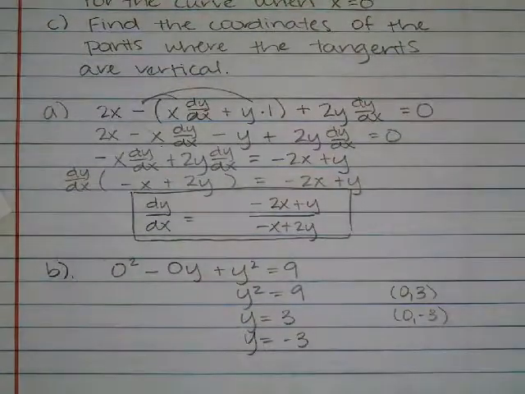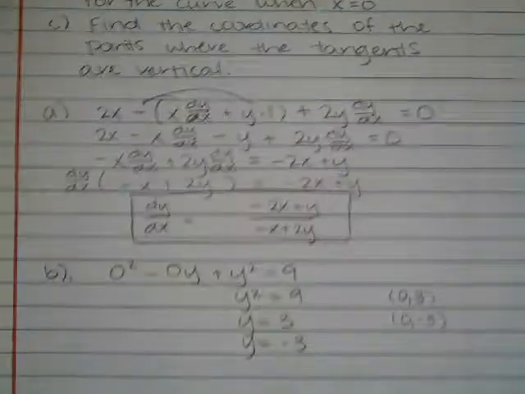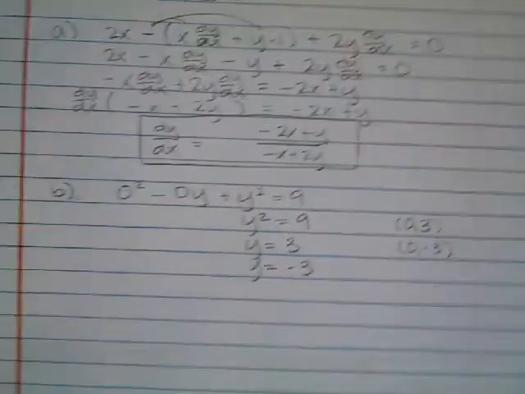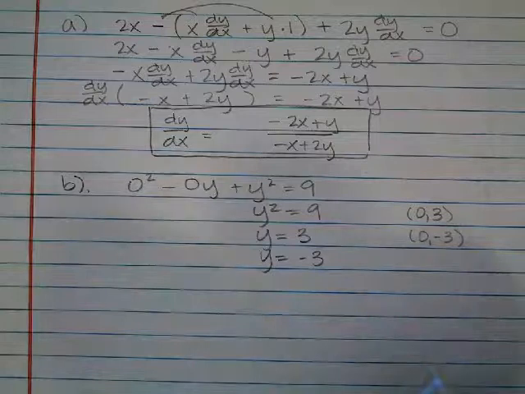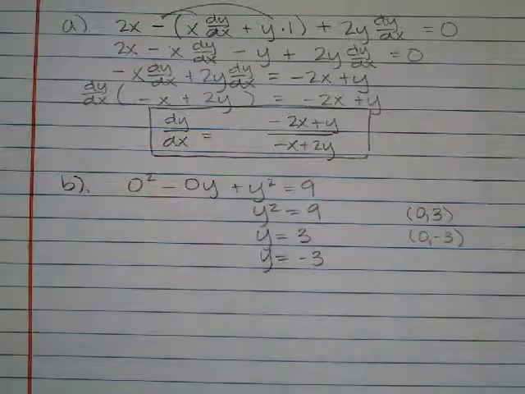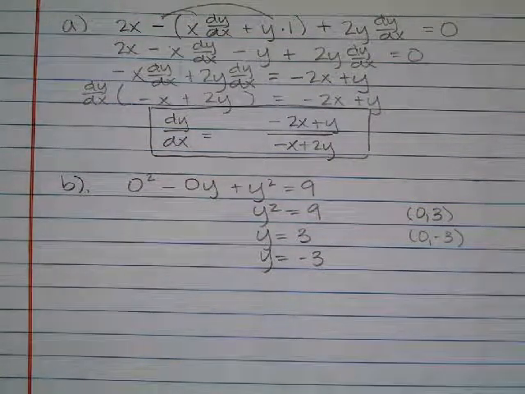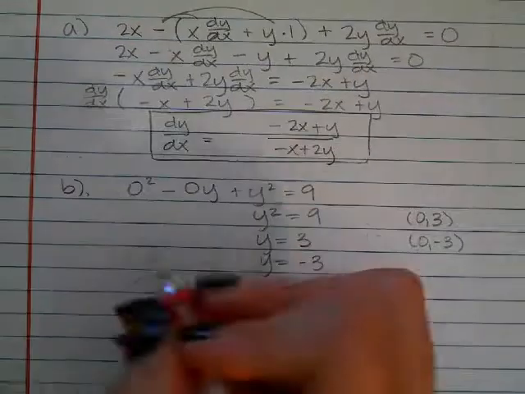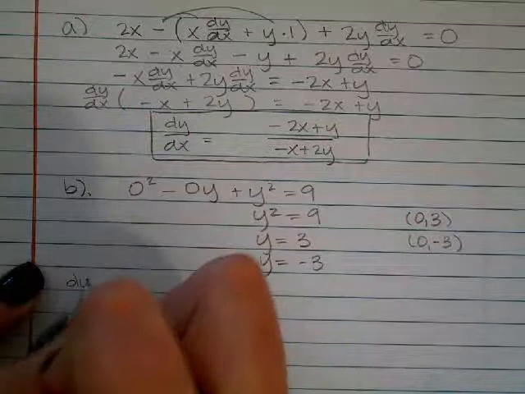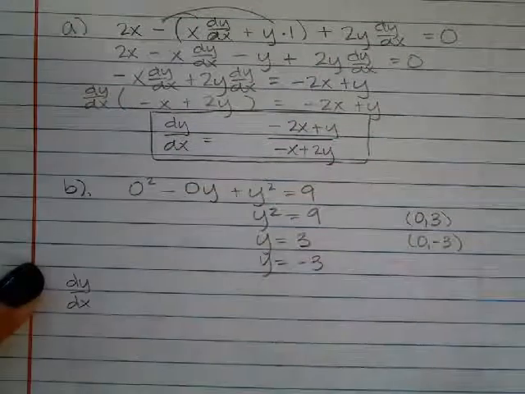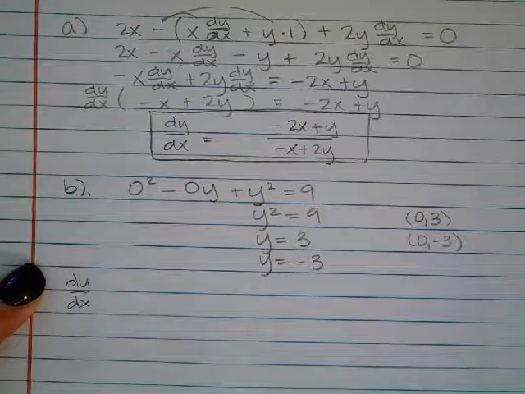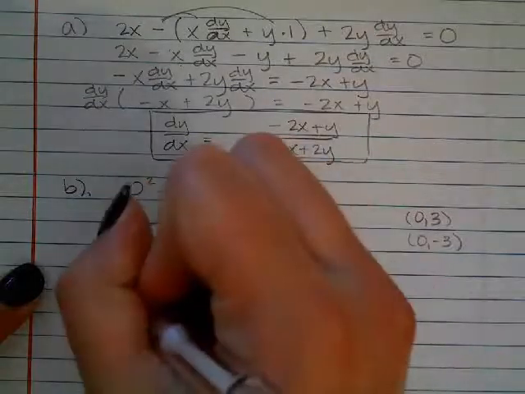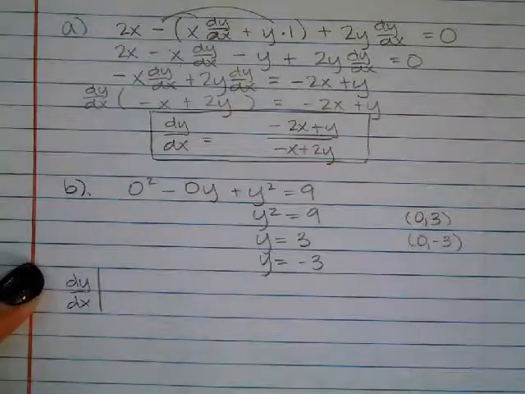Okay, don't worry. All right, so we got 0, 3, 0, negative 3. So what we're going to do now is we're going to take those points and we're going to evaluate the derivative for each one of them, and we're going to have two different tangent lines. So there's two, okay? So I've got dy dx, and this is the notation. If you have dy dx and you're evaluating it at an x coordinate and a y coordinate, you say dy dx evaluated at 0, 3.